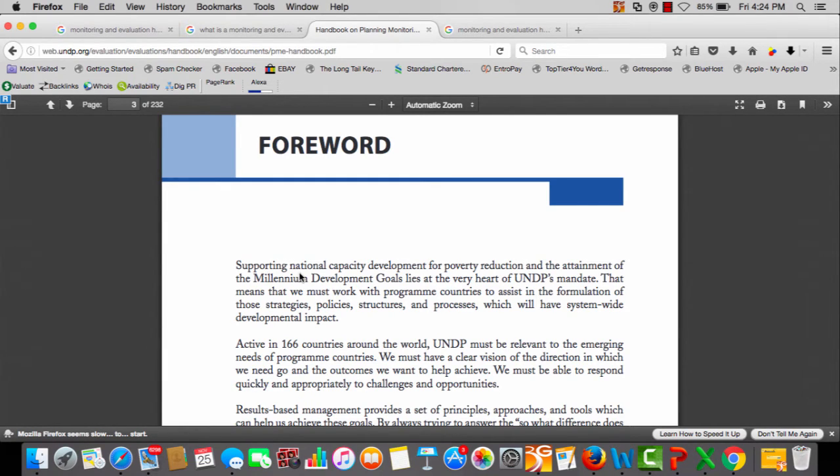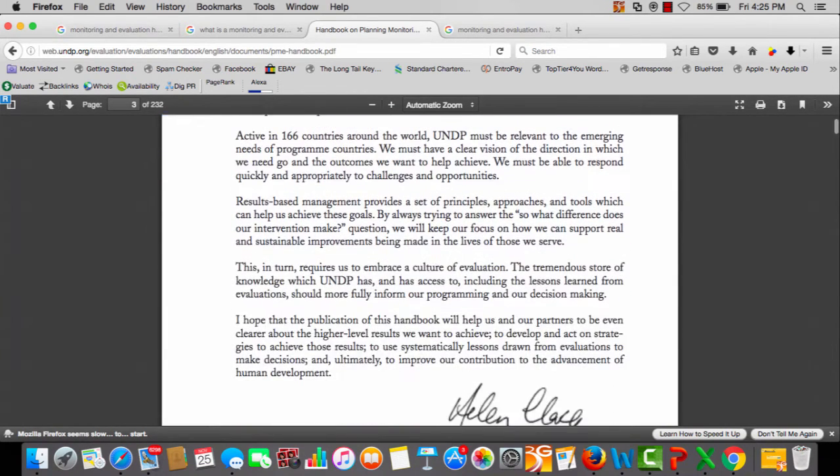It says, supporting national capacity development for poverty reduction and the attainment of the Millennium Development Goals lies at the very heart of UNDP's mandate. That means that we must work with program countries to assist in the formulation of those strategies, policies, structures, and processes which will have system-wide development impact. Now let's skip there.